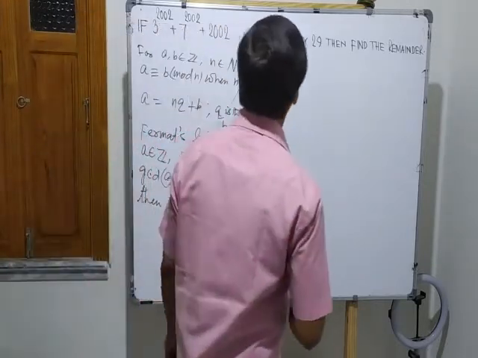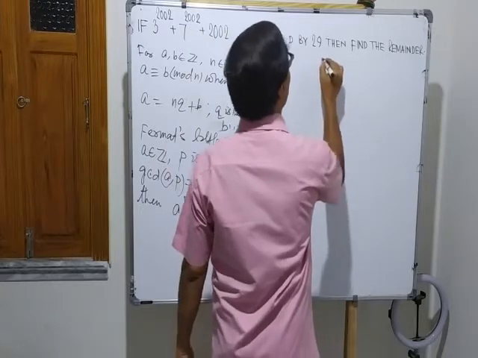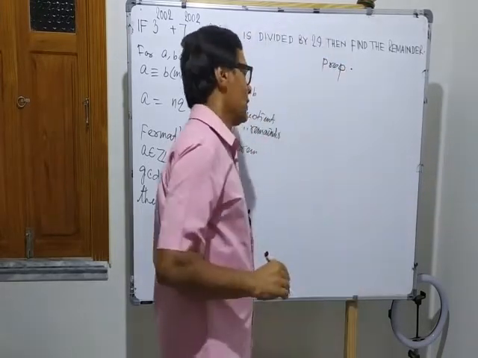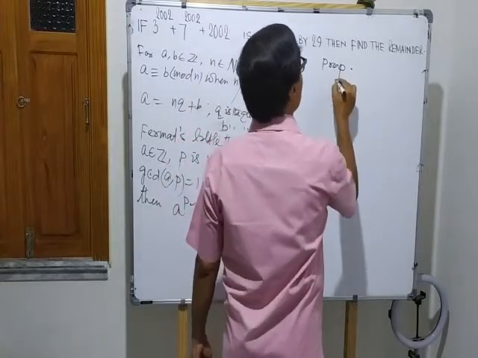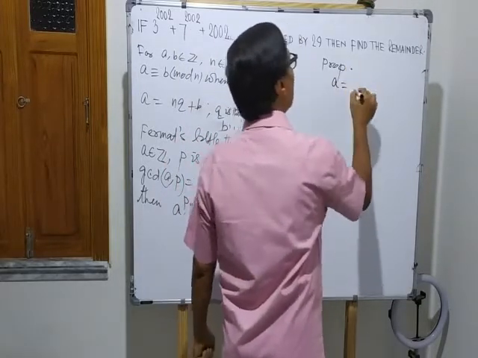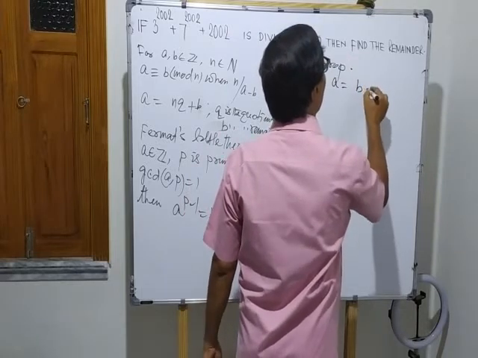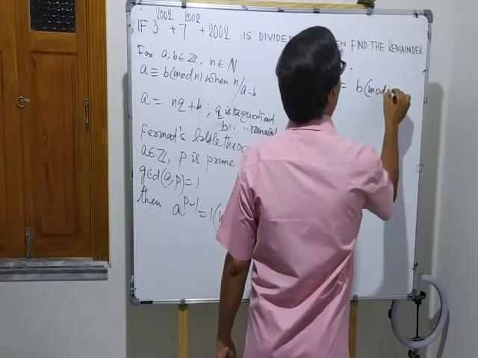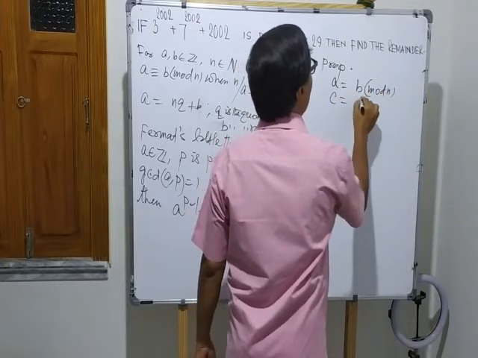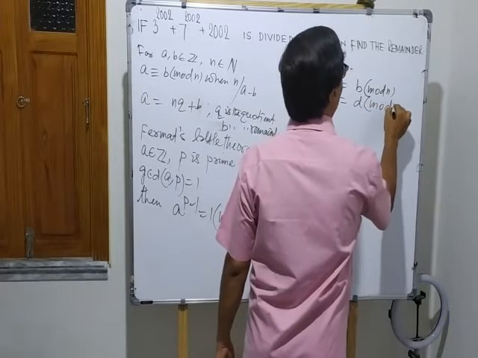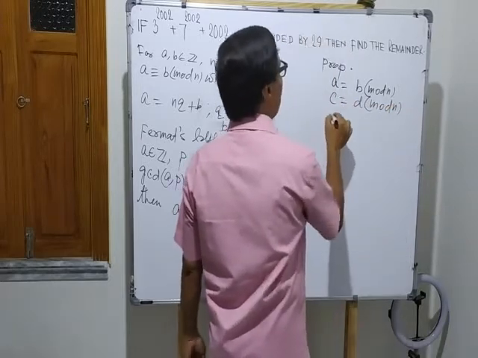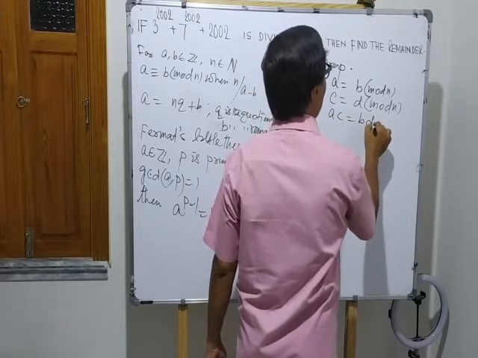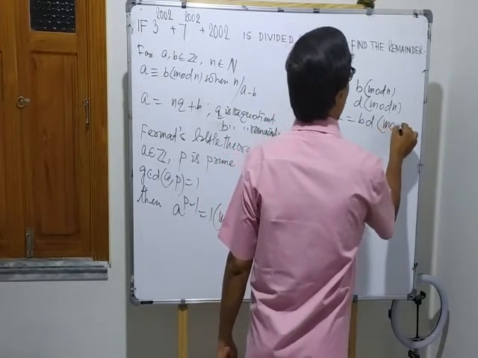Also we have to know some properties of congruent modulo. First, if a is congruent to b modulo n and c is congruent to d modulo n, then this implies ac is congruent to bd modulo n.